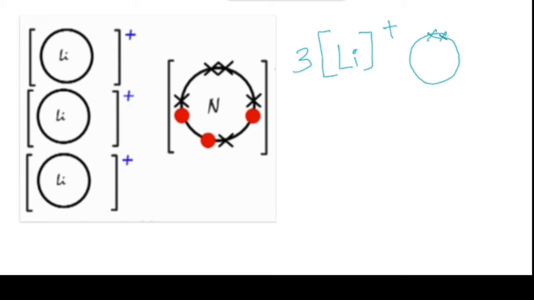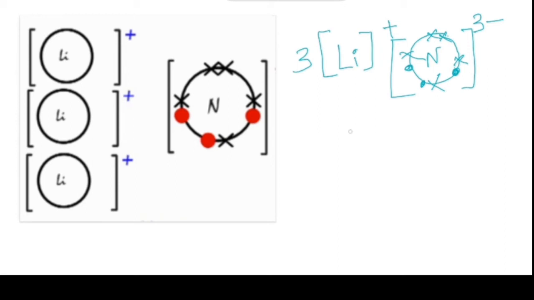So 1, 2, 3 and 4, 5, 6, 7 and 8. Write N in square brackets with a 3-. So this will be the final dot and cross diagram of lithium nitride.